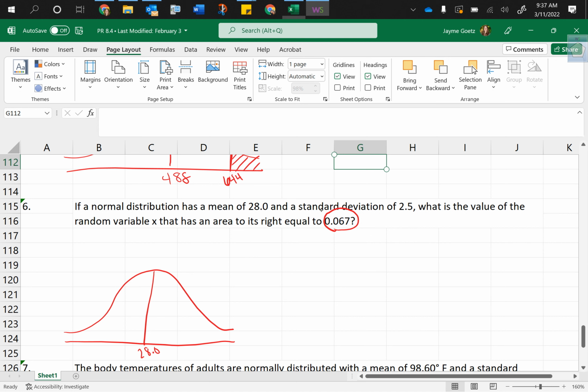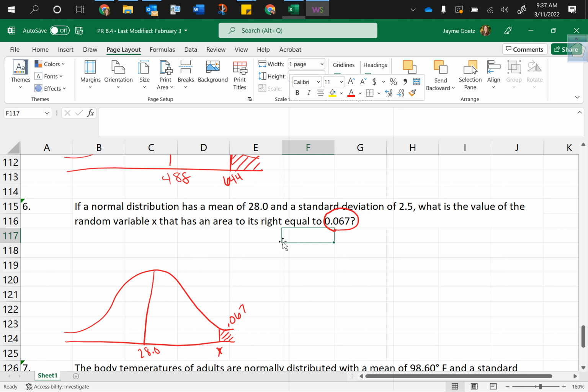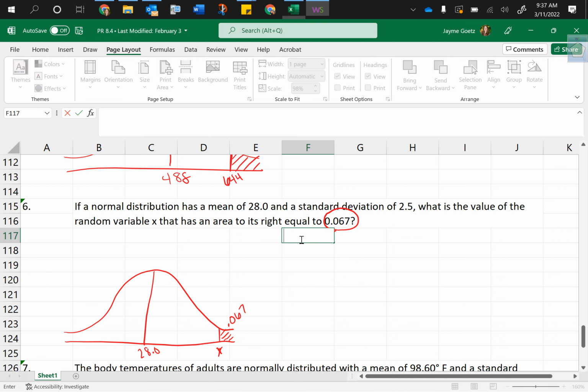So here's what we have. The area to the right is going to be 0.067. They want to know what's the corresponding x value that goes with that. So it's going to be the same concept as what we did on number 5. First, we're going to have to figure out what's the area of this guy over here. You have a couple of ways you can do that. You can just come over here and type in equals 1 minus 0.067, and it'll give it to you.